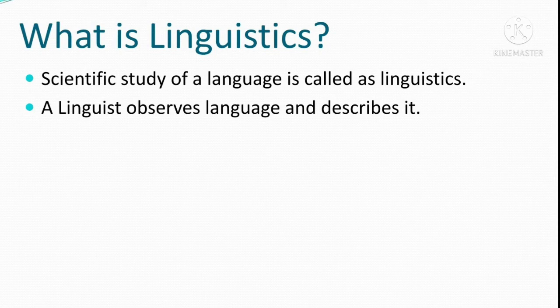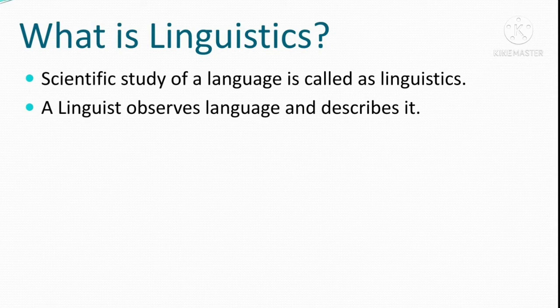Now, what is this scientific study? In my second line, I have said a linguist observes language and describes it. Now, who is a linguist? Someone who is an expert in language study could be called a linguist, or a student of linguistics could be called a linguist. Now, since you're learning phonetics, you could be called a linguist.